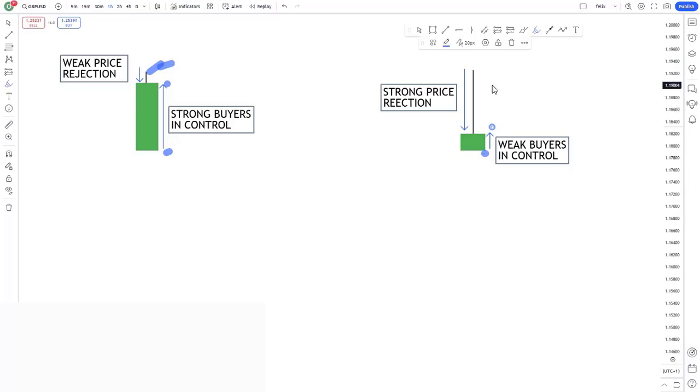At some point in time, the price was actually trading at this level here, and sellers came in and pushed the price downward and closes at this high. So this is telling you there's a strong selling pressure over here. So this is what you need to pay attention to when trading candlestick patterns. Pay attention to the body, pay attention to the wick, pay attention to the body relative to the wick.